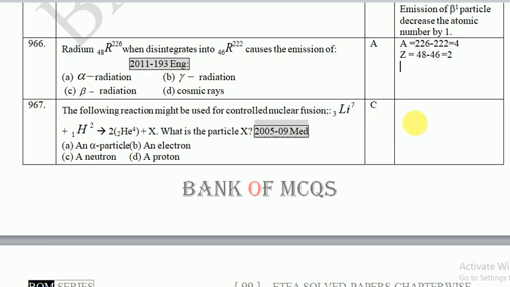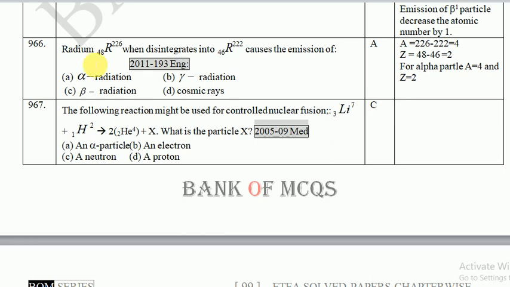So for an alpha particle, A is equal to 4 and Z is equal to 2. So the emission of an alpha particle has taken place.